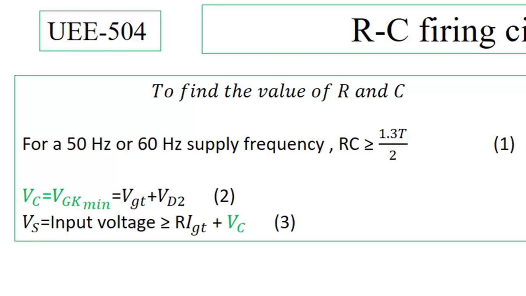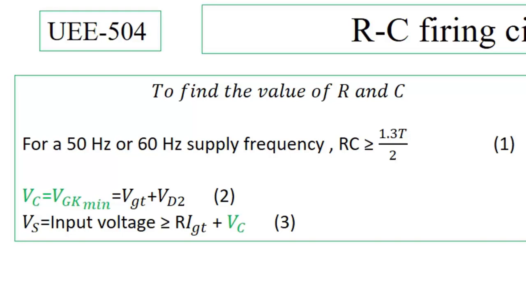At the same time, the input voltage must be sufficient to develop this Vc plus R IGT. Otherwise, the thyristor will not be on. That is the capacitor voltage plus the voltage across the resistance R because of the minimum gate current IGT.